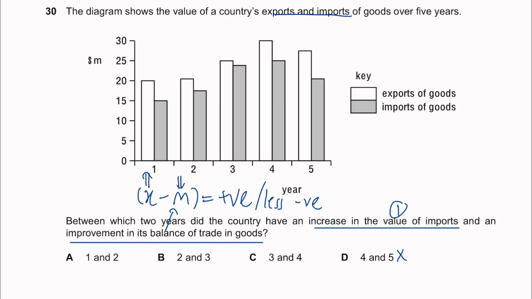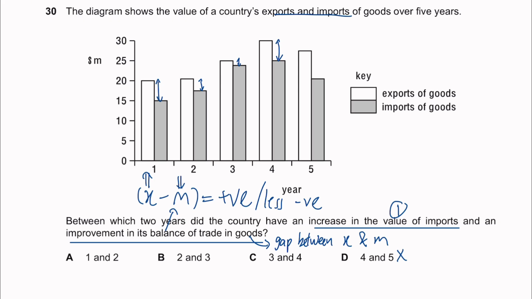Okay, improvement in its balance of trade in goods. So this one, we want to look at the gap between the export and import. Let's just draw a simple estimation. So we are looking for the gap becoming bigger.